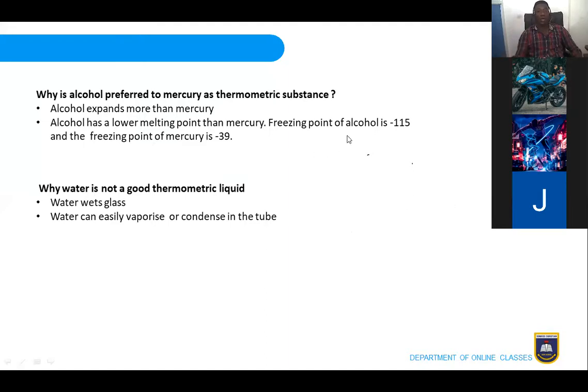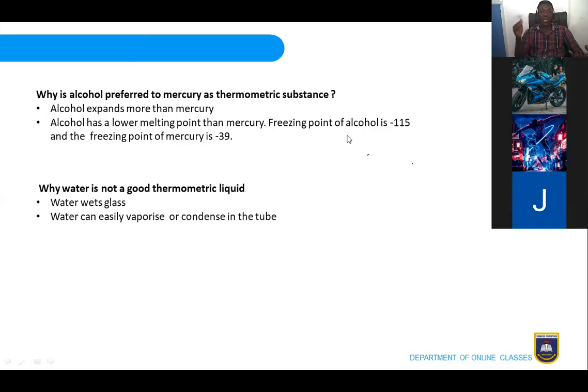You know that alcohol has a lower boiling point, that's about 78, while mercury has 357. So after 78, expansion must occur, because it has reached its boiling point and is exceeding its boiling point. Above 78, it begins to expand. But mercury must exceed 357 for it to expand.